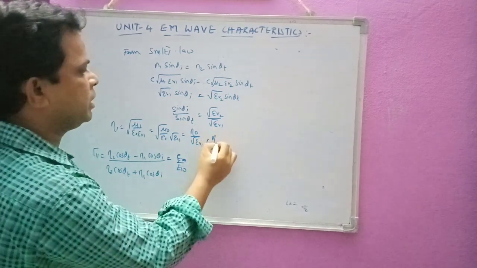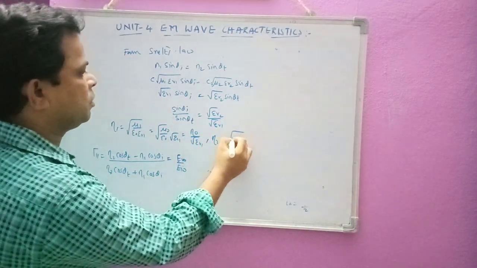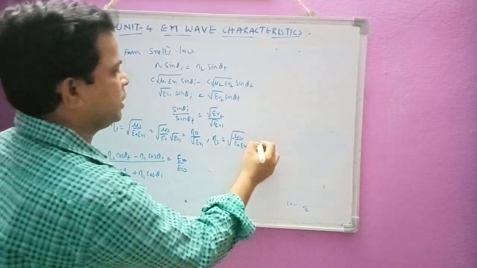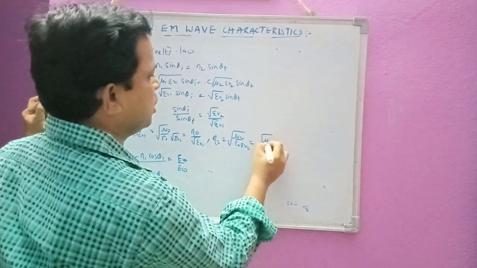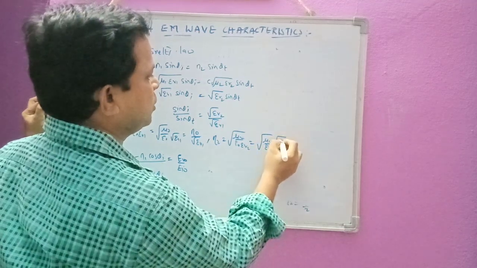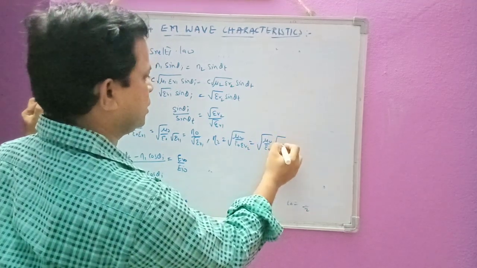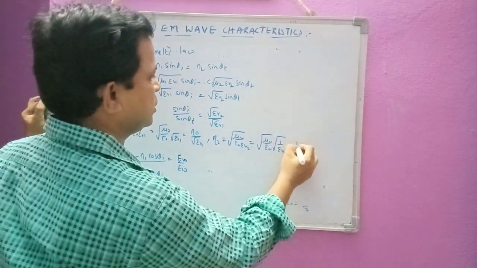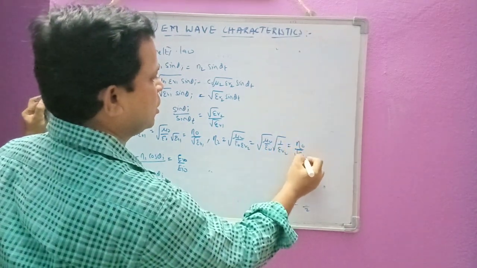Similarly, eta 2 is equal to square root of mu2 by epsilon naught into epsilon r2. Now mu r is 1 here, so I can write 1 by epsilon r2 here, that is eta naught by square root of epsilon r2.